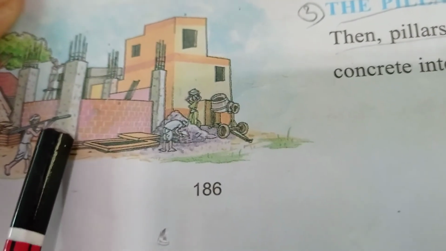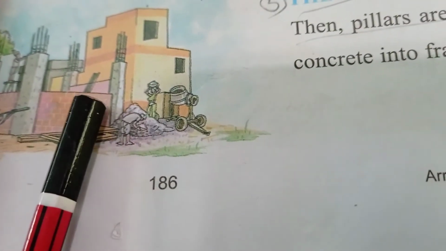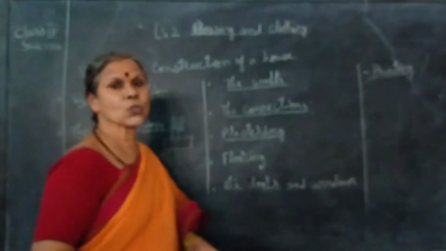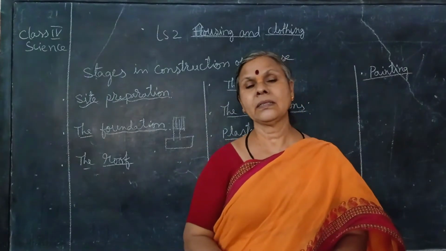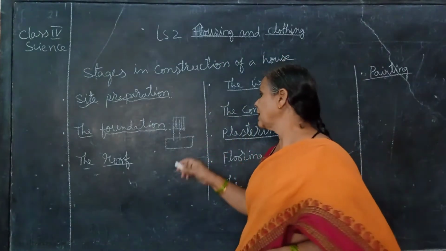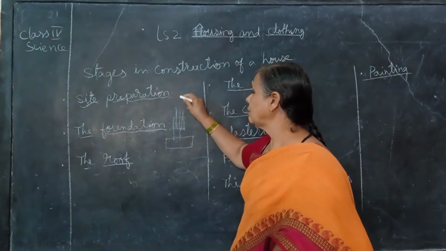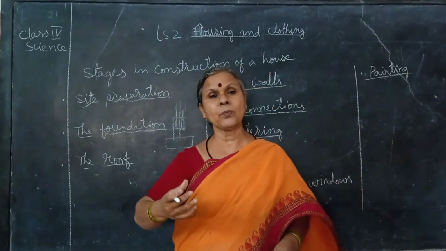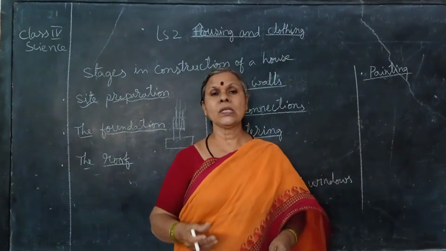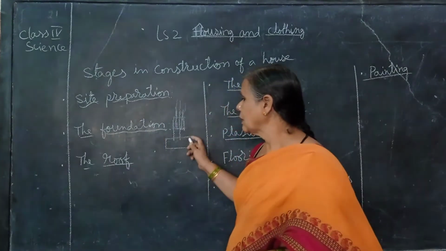The foundation can be built out of many different things such as stones, then concrete, gravel. These many things they will pour into this, and it will be big pillars. Pillars will give support to the roofs, walls and all. It will carry the weight of the full house.